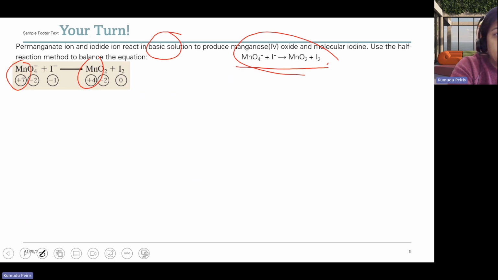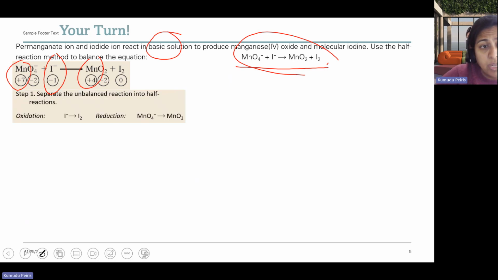Again, in iodide ions, iodine is in -1, and when it goes to iodine, it would be 0, so it is oxidizing, right? By increasing the oxidation number. So here I separate the two unbalanced reactions into the oxidation half reaction and the reduction half reaction.